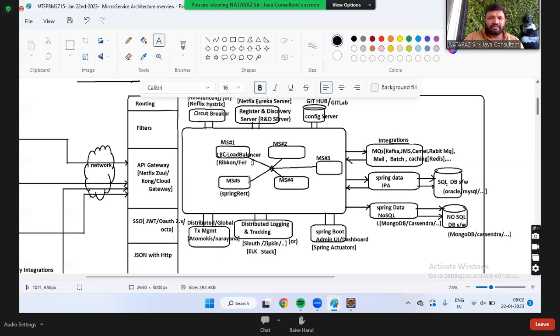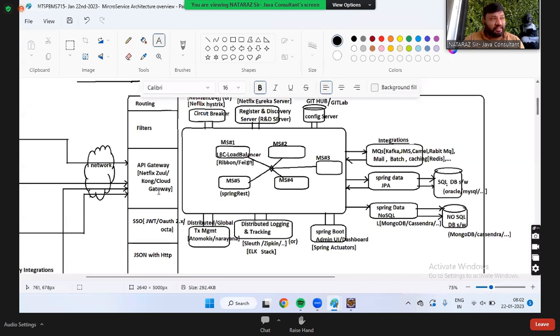Yeah, people are asking me what is the difference between the Eureka server and the API gateway. Eureka server is like a front office, where all the services will be registered. API gateway is like this: though every microservice has its own URL, we try to access all the microservices using a common URL.